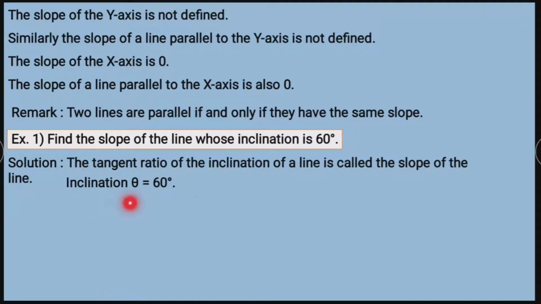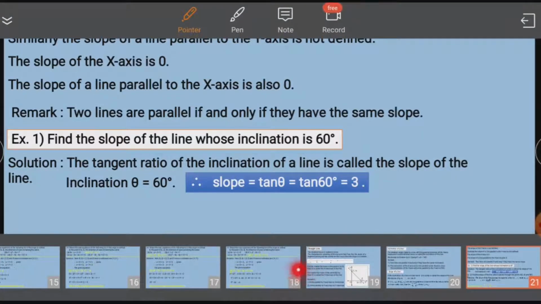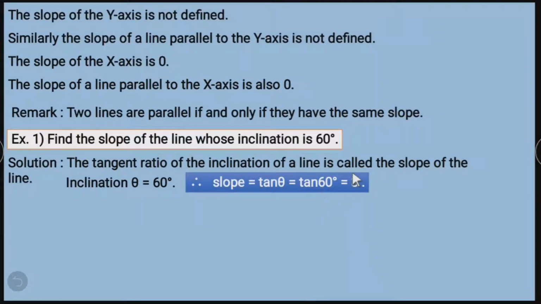So write here inclination theta equals 60 degrees. Therefore slope equals tan theta. So we substitute theta as 60 degrees, and we know that tan 60 is root 3. So here is one print mistake. Tan 60 is root 3.